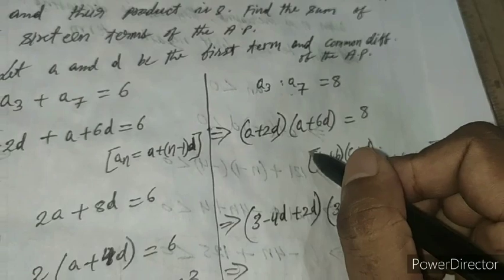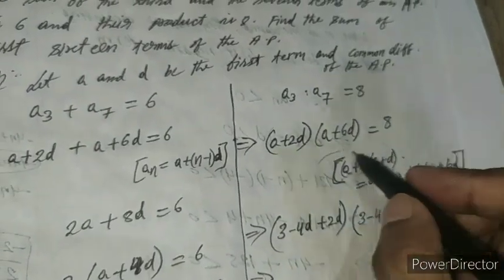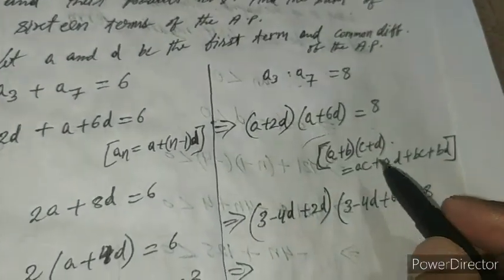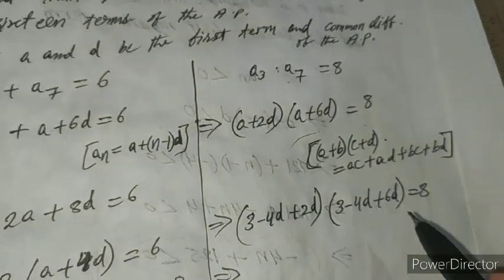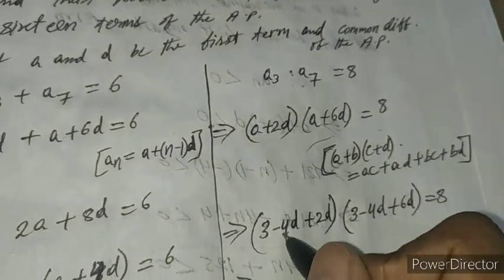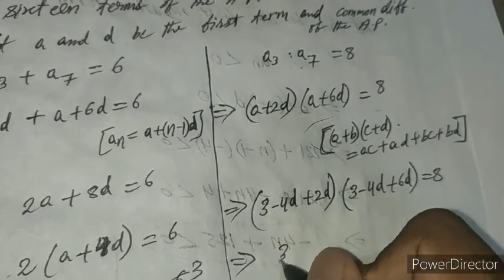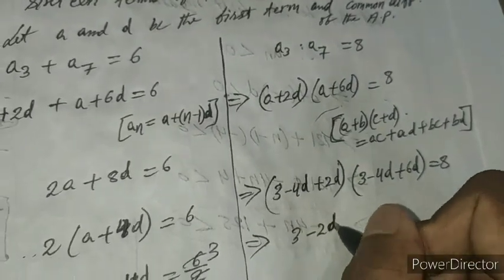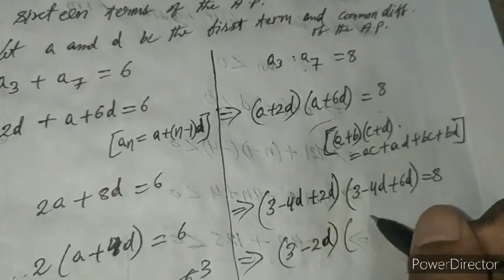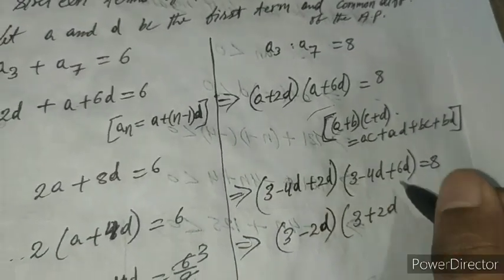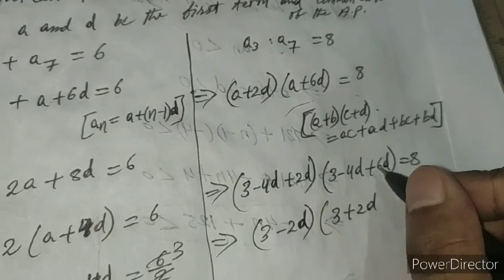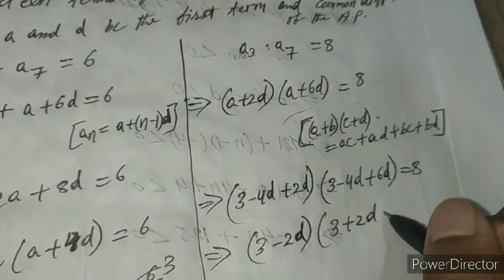Students, remember one thing, if you use the long formula, your calculation will get longer. So minus 4d plus 2d is minus 2d, so 3 minus 2d, and 3 plus 2d, is equal to 8.